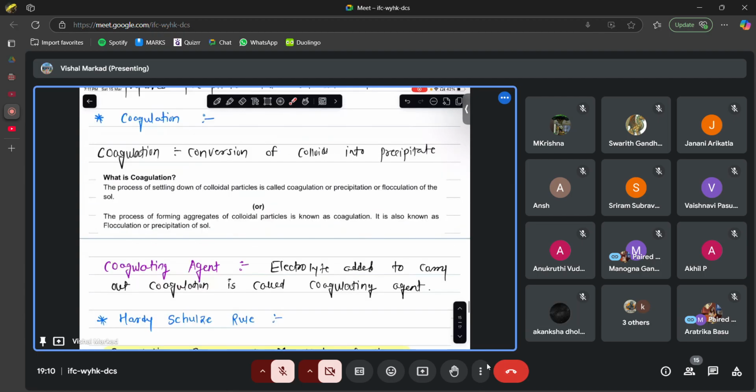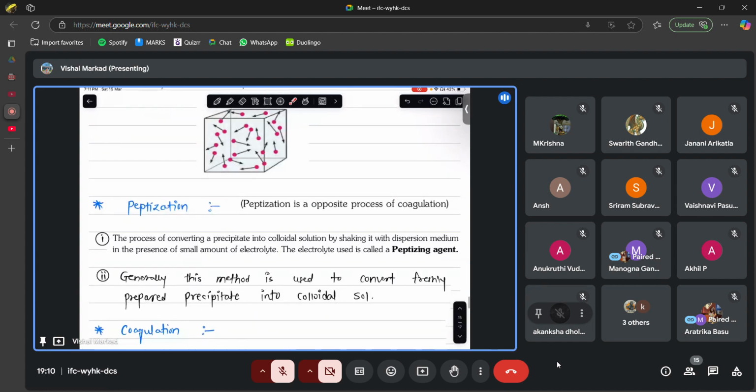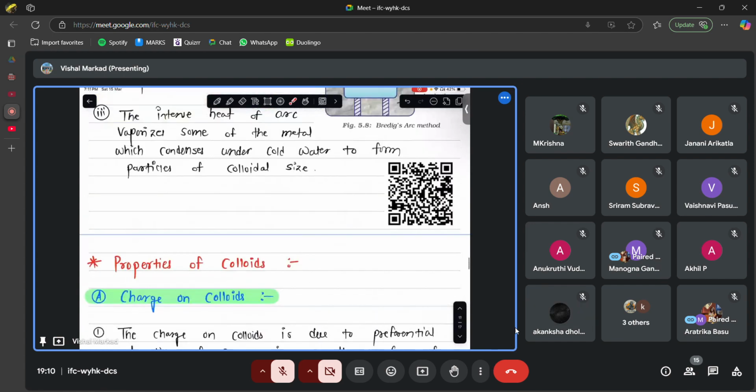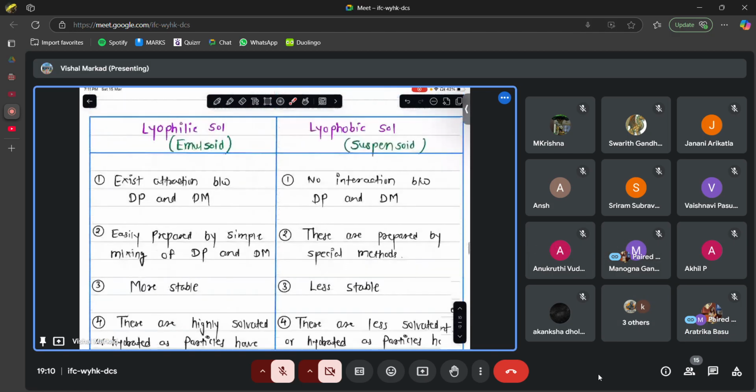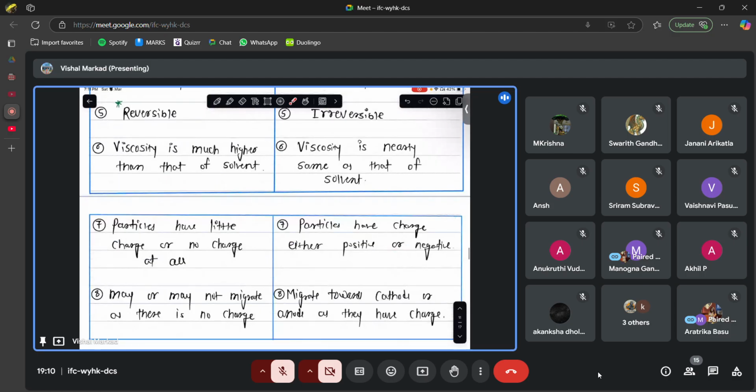Simple thing. Most of the time, we study this type of colloids, lyophobic. In lyophobic colloids, the particles have charges. Now I have a colloid. These particles are moving in continuous random movement, which is called Brownian movement.